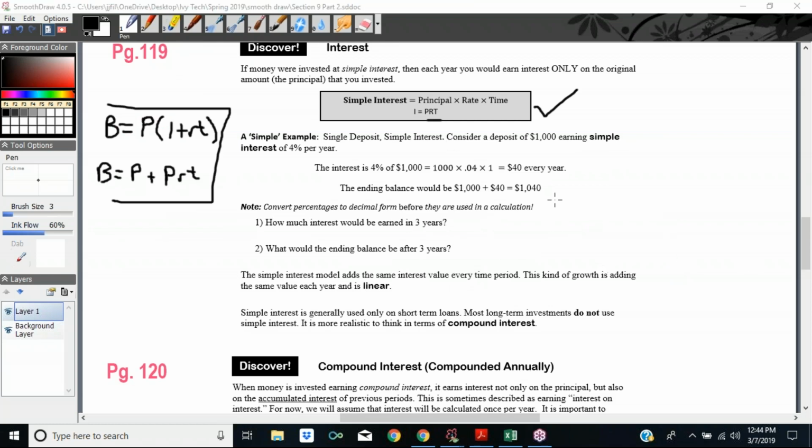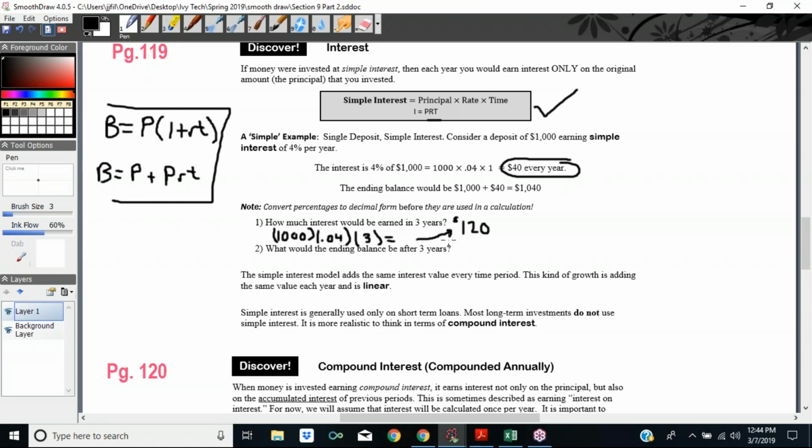Okay, so in 3 years, if you're earning $40 every year, that would be $120, right? And the reason is because we have the principal, 1,000, times the rate, 0.04, times the time, 3 years.